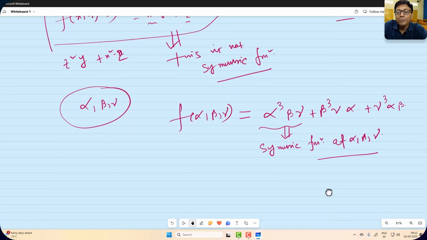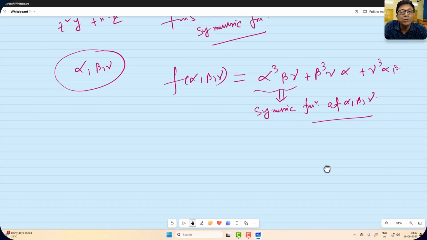Okay? Before we start solving sums based on it, let me rewrite again, using symmetric functions, for a quadratic equation and for a cubic equation. Let me write a0 x cube plus a1 x square plus a2 x plus a3 equal to 0.